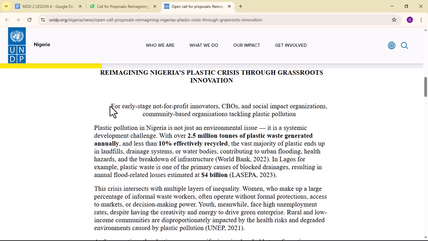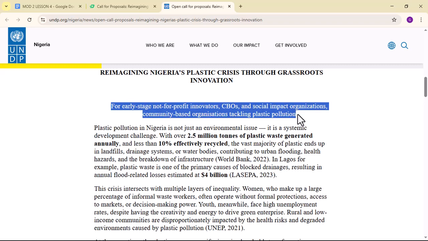So these are the types of organizations that can apply for this grant. So that means that if you do not have this type of eligibility, now remember we talk about eligibility in lesson 2. Now, there's nothing for you to go further if your organization cannot be found in this type.